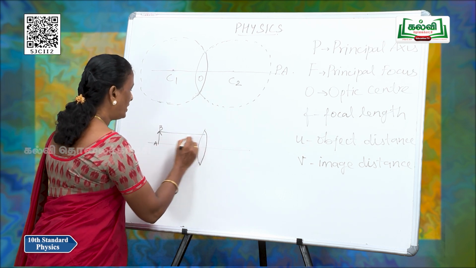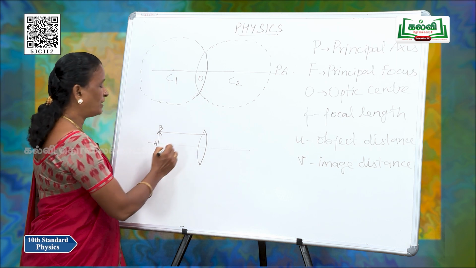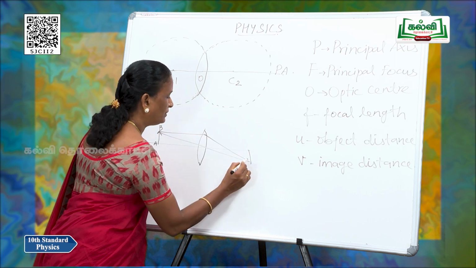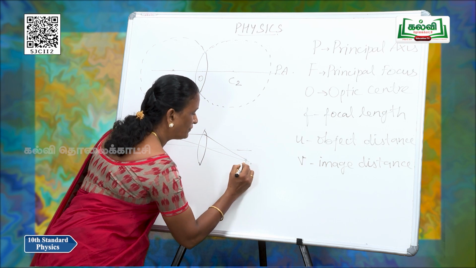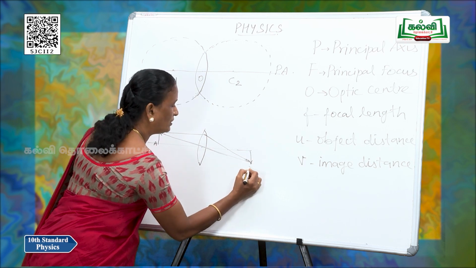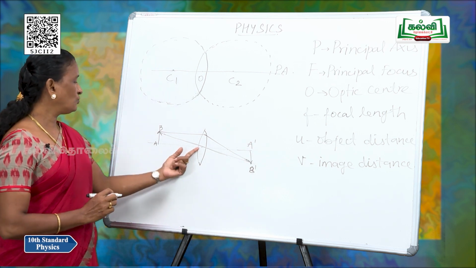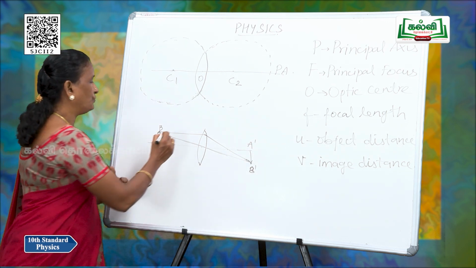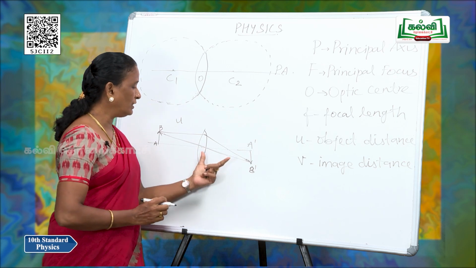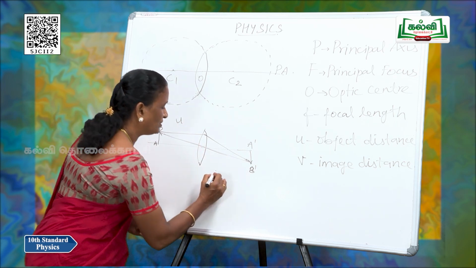The rays parallel to the principal axis converge, so we get the image at the point of intersection. This is called image A dash B dash. The distance between the optic center and the object is u. The distance between the optic center and the image is v.